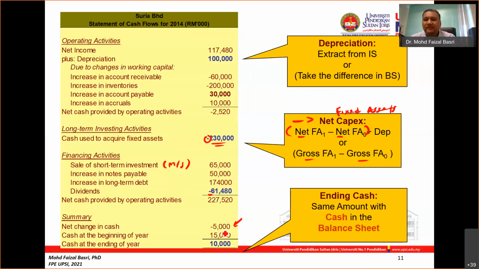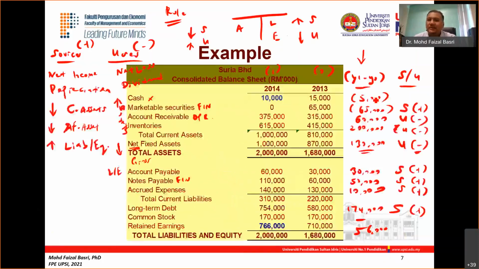And this negative 5,000, if you remember, we already calculated here. Okay, so you can check your answer whether it is correct or not based on this, whether you get this negative 5,000 or not. If you get something else, you can already check here whether your answer is correct or not. Okay, negative 5,000.